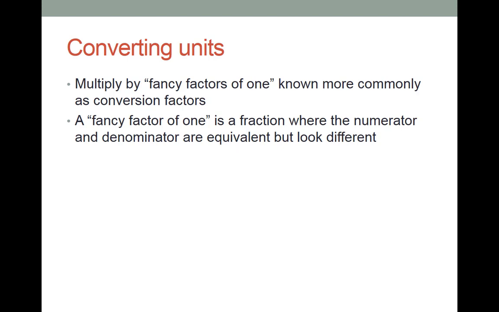So, for example, I know that there are 100 centimeters in 1 meter, so equivalent measurements, but do the numerator and the denominator look the same? No, there's a 100 in the numerator, there's a 1 in the denominator, there's centimeters versus meter. They don't look the same, but they are equivalent.